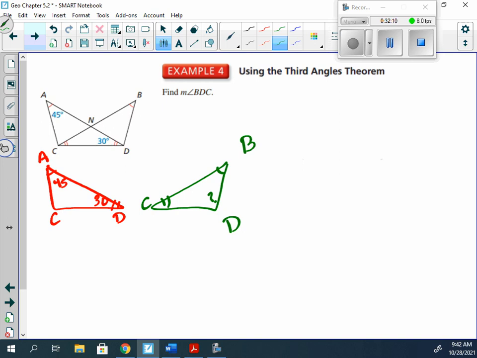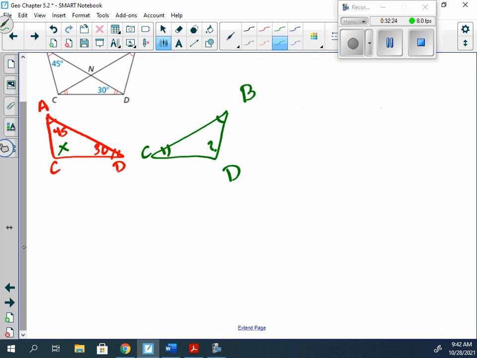So angle C, the whole angle ACD, is this over here. We can call it X. But what do we know about these 3 angles here? They add together to be 180. So we say X plus 30 is equal to 180, exactly.